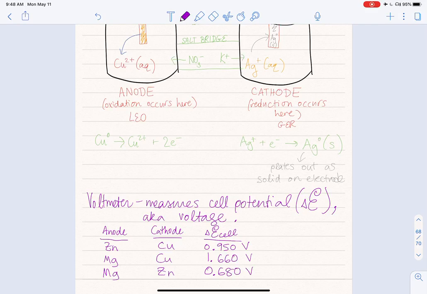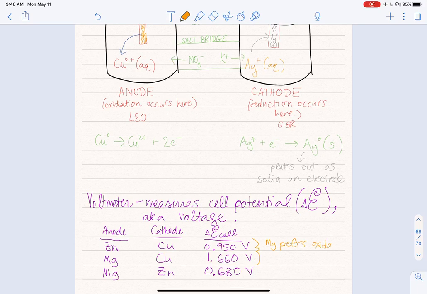So just looking at these measured cell potentials for these various voltaic cells, you can see that voltaic cells have different voltages depending on the materials that they're made up of. And it's also important to see that, look, you can actually tell by comparing these two top reactions here that magnesium prefers oxidation more than zinc does. So that's going to make a better battery.